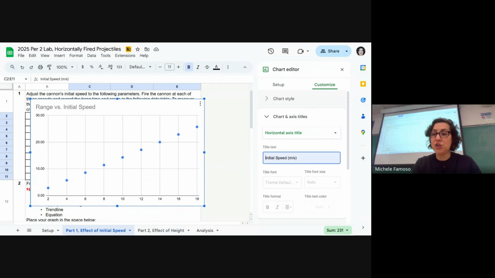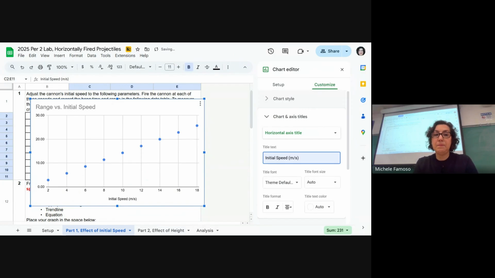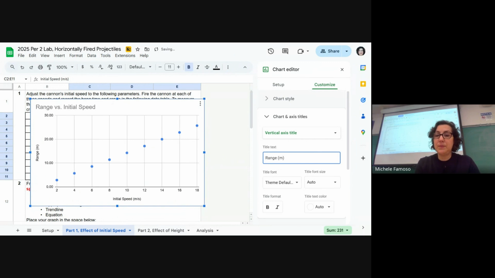This should be the initial speed in meters per second on the horizontal axis. Now you can do your vertical axis title, which should be the range in meters. Is everybody good? Okay, let's collapse this submenu.